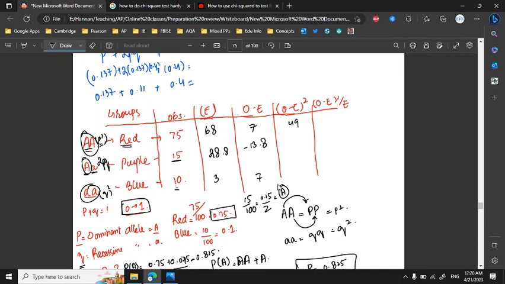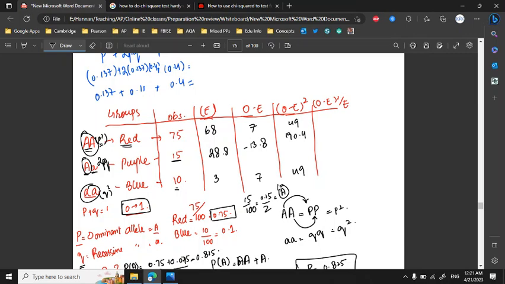The square is 49, 13.8 whole square would be 190.4, and 7 whole square is going to be 49. Let me confirm the value, 13.8 whole square, 190.44.